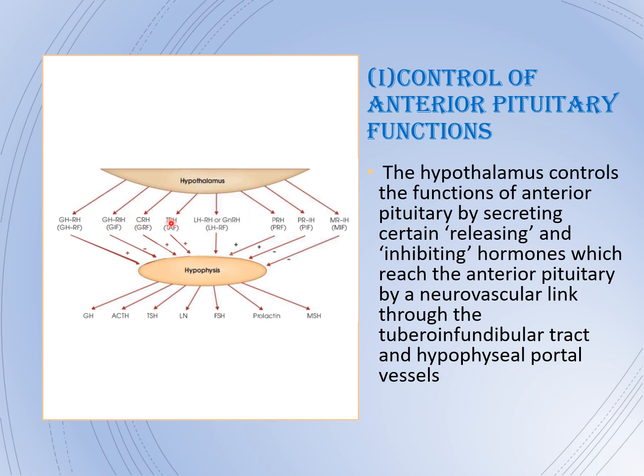This one is a list of the releasing and inhibiting hormones: growth hormone releasing hormone, growth hormone inhibiting hormone, corticotropin releasing hormone, thyrotropin releasing hormone, gonadotropin releasing hormone, prolactin inhibitory hormone. And from the pituitary gland, which hormones are secreted? These are mentioned here.